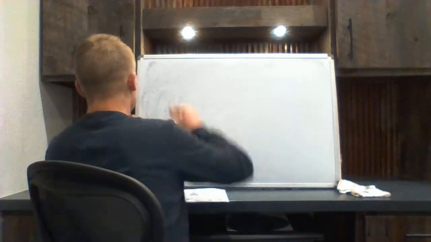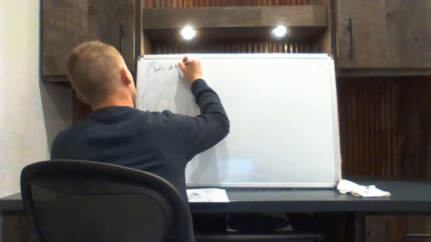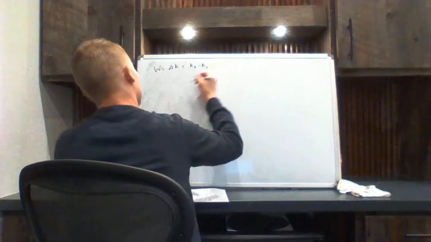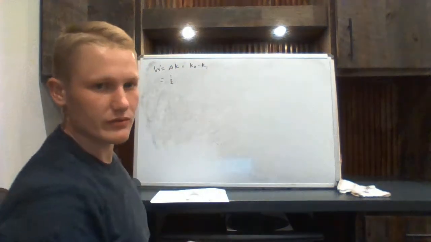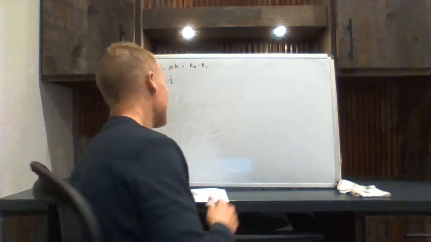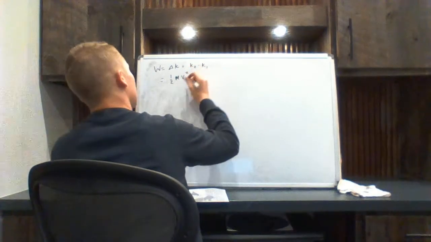So we'll start with work equals change in kinetic energy, or work equals delta K, which equals K2 minus K1. We can change that to 1/2 mass times velocity squared.